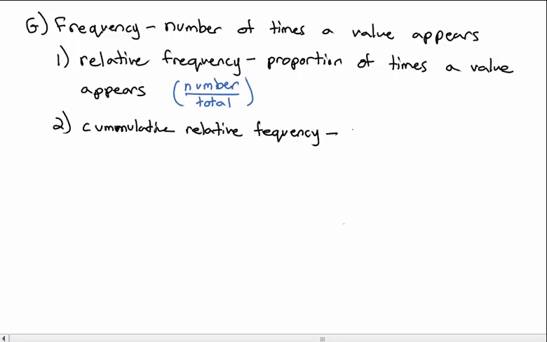The cumulative relative frequency is the sum of all previous frequencies. And this is going to lead into our discussion of percentiles in our next chapter. But cumulative relative frequency is what percent or proportion have this many or less.